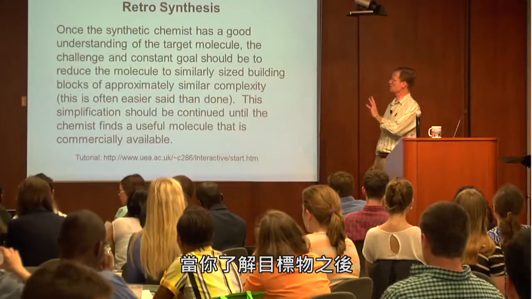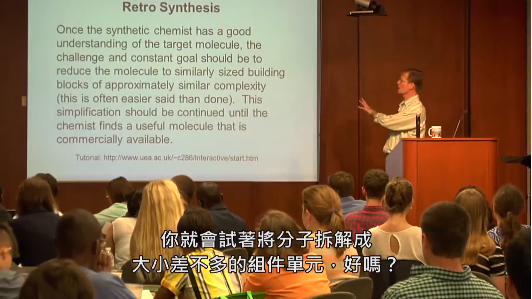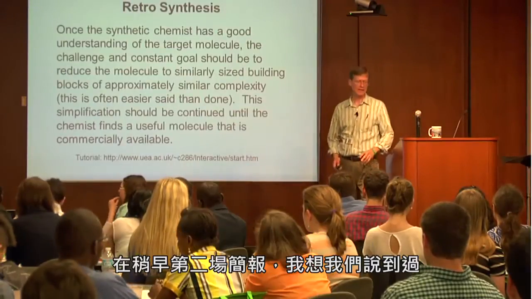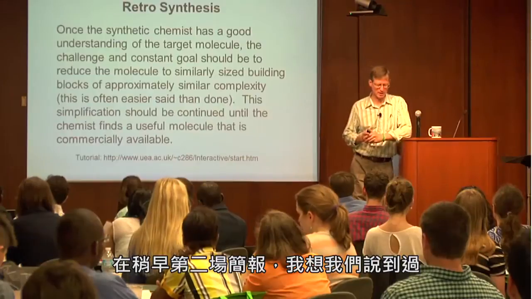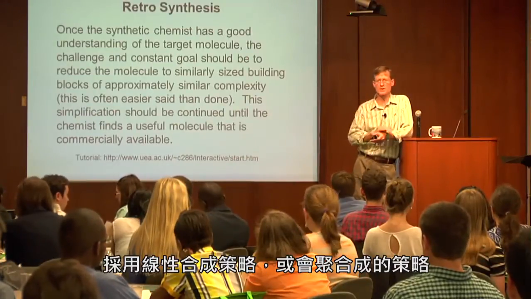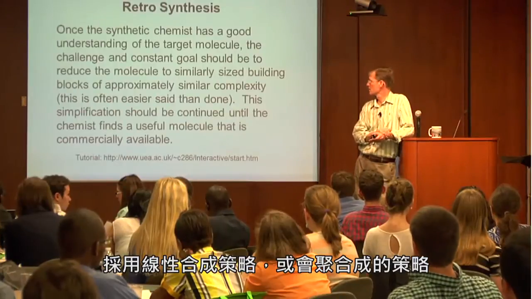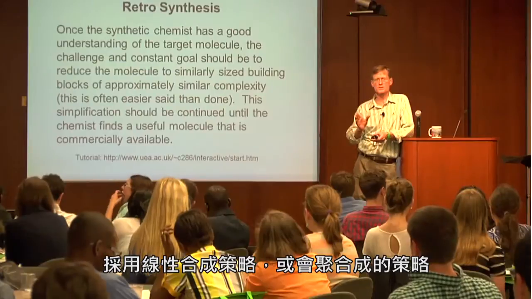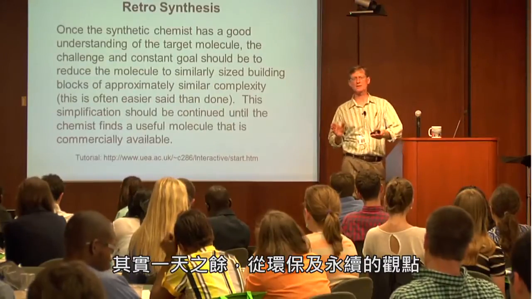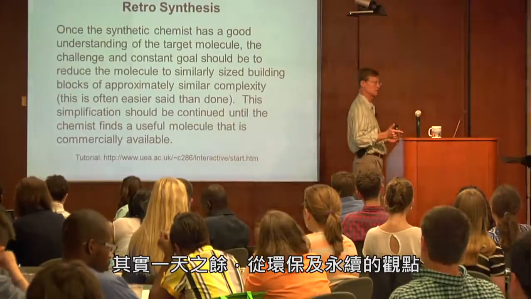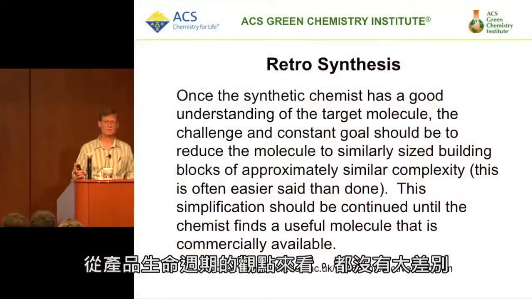So once you understand the target and you're trying to reduce the molecule to similarly sized building blocks, okay? And very early on in the second presentation, I believe it was, we were talking about strategies of whether it's a linear synthesis or a convergent synthesis. Really, at the end of the day, from a green and a sustainability perspective and a life cycle perspective, it doesn't matter.